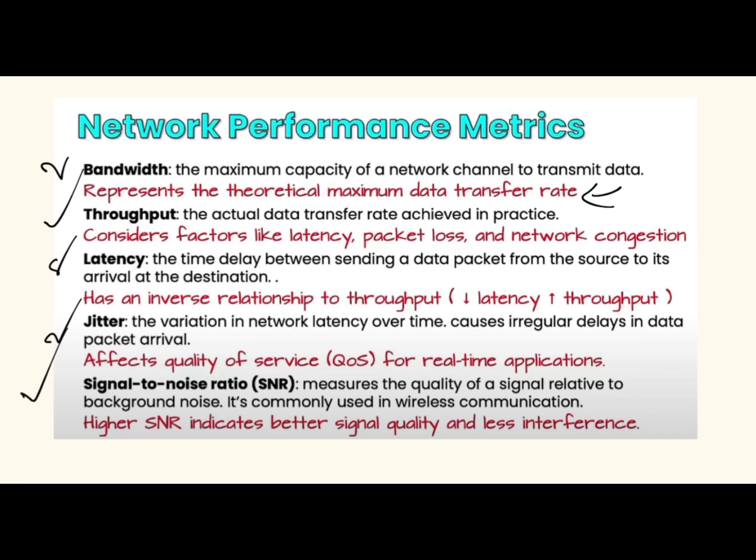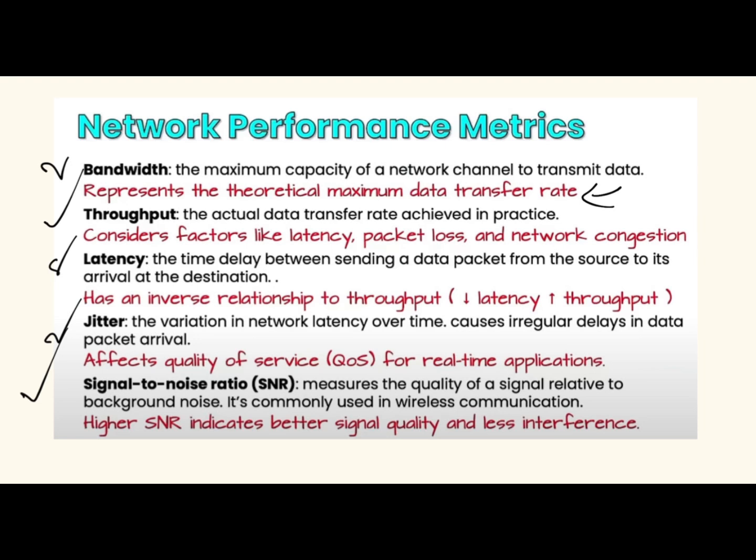The fifth one is signal to noise ratio. It measures how strong your signal is compared to noise. For example, in Wi-Fi, higher SNR means a clearer, more stable connection.